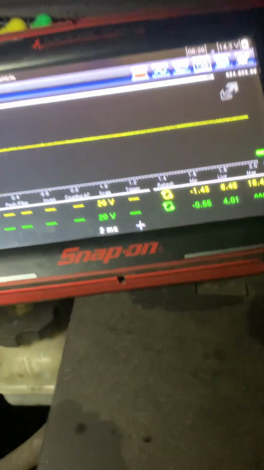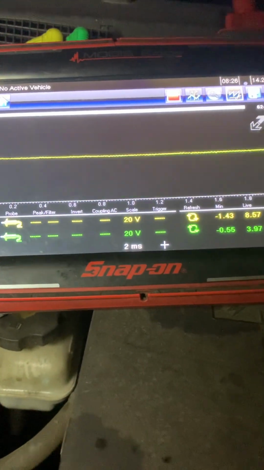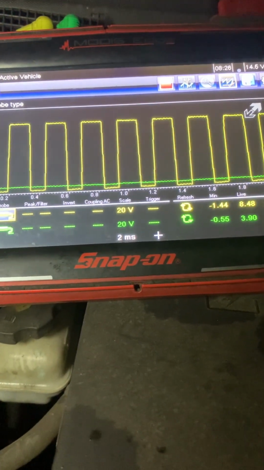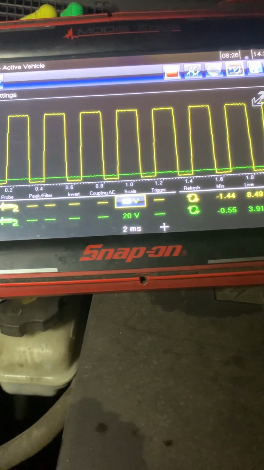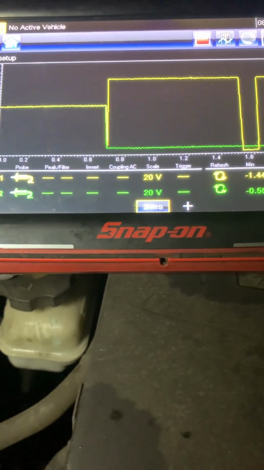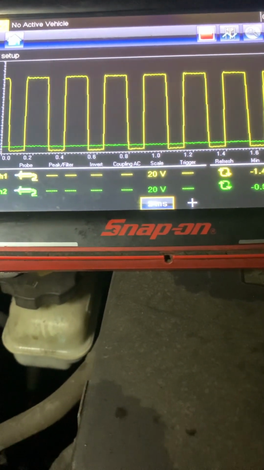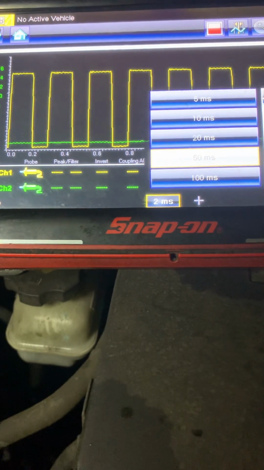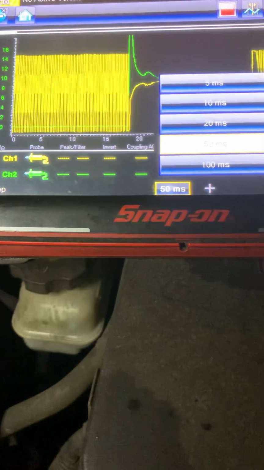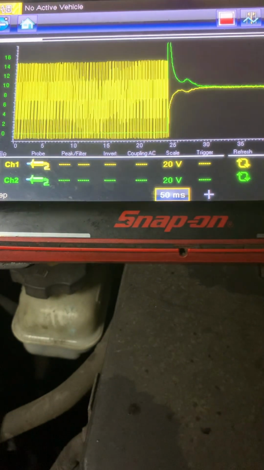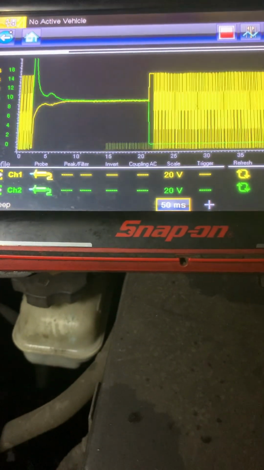It didn't change much, although the green signal, interesting. The green signal is still not showing the right pattern. That's what it is.